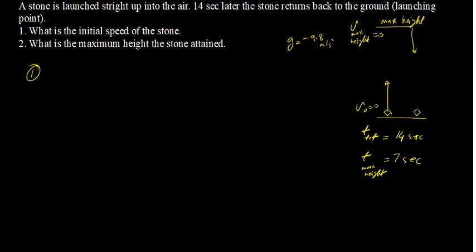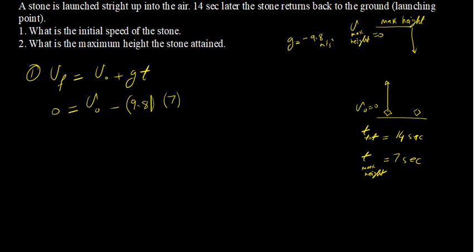From what we know about the kinematic equations, I will pick this one: V final equals V initial plus g t. This is 0, this is the unknown, and g is minus 9.8, and here is 7 seconds.